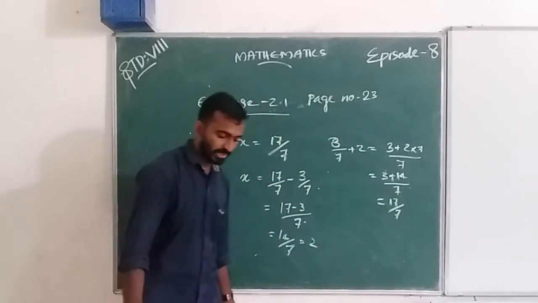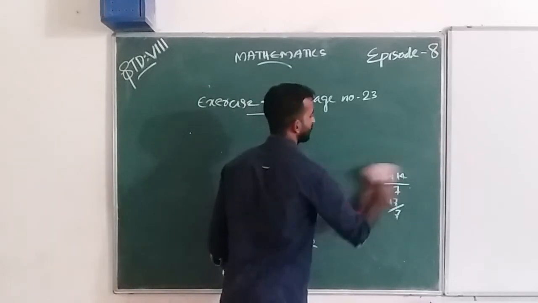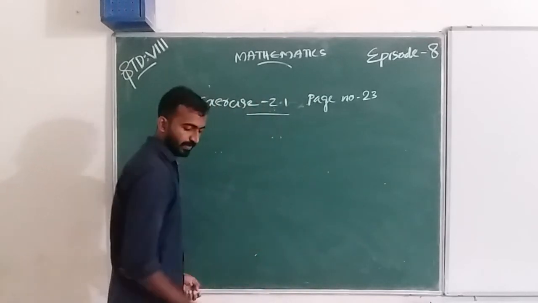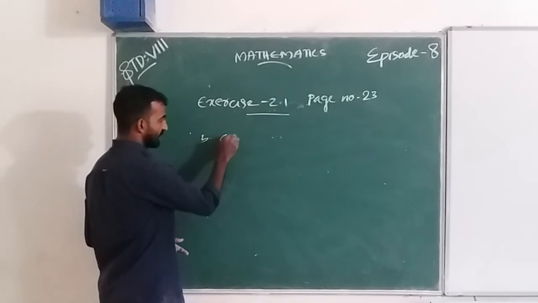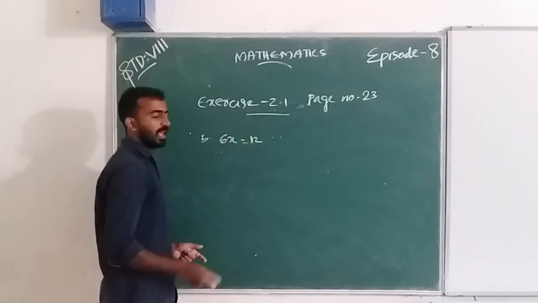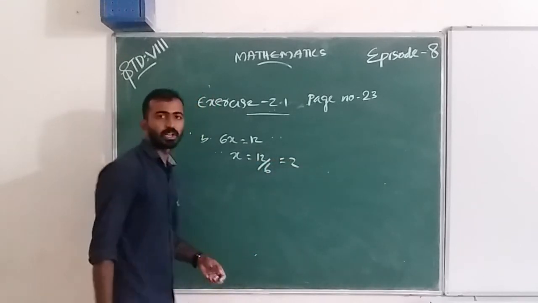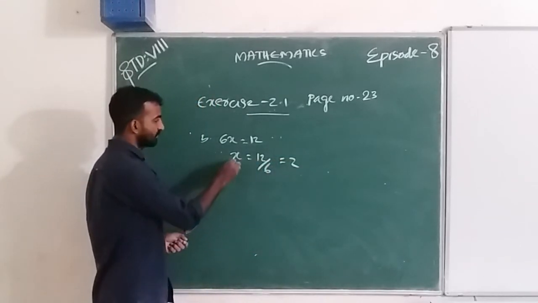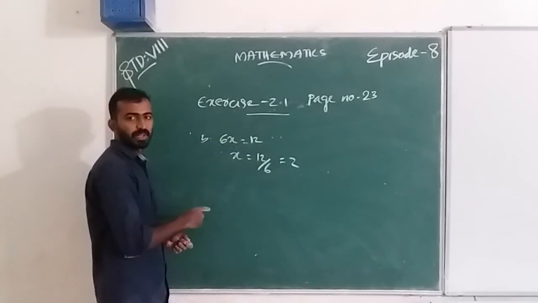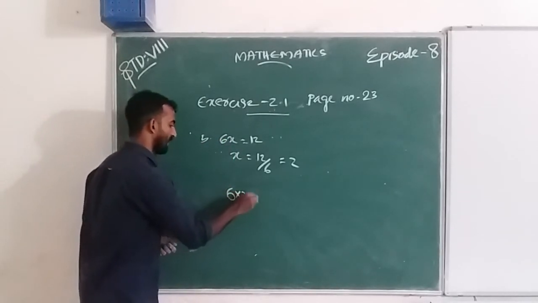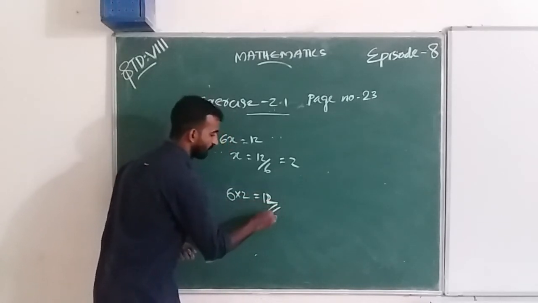And next one is 6x equal to 12. x equal to 12 by 6 equal to 2. And when we put the value of x, 6x means 6 into x, that is 6 into 2, we can write 12.